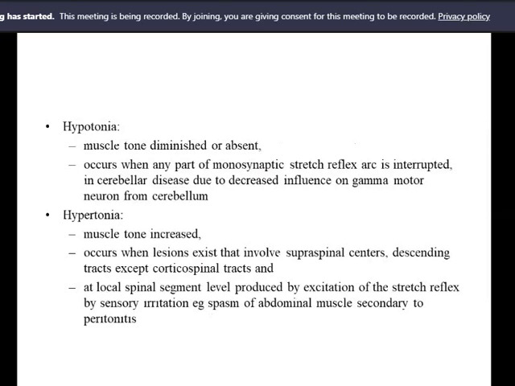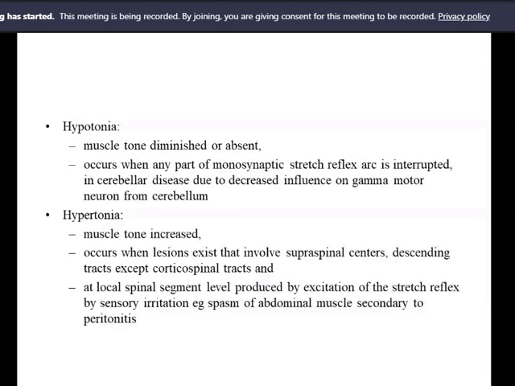Hypotonia means muscle tone is diminished, or muscle tone is absent, that is called atonia. A means no tone. What is tone? I repeat, I have already told many times, again I will be repeating: the resistance of muscle against stretch is called tone, right?